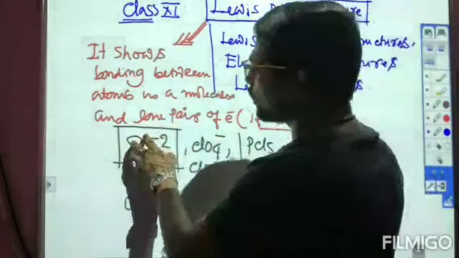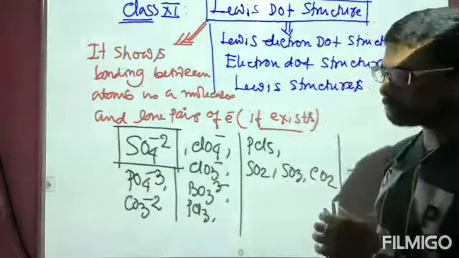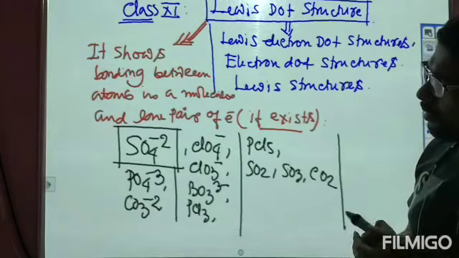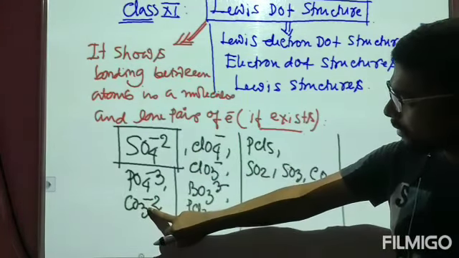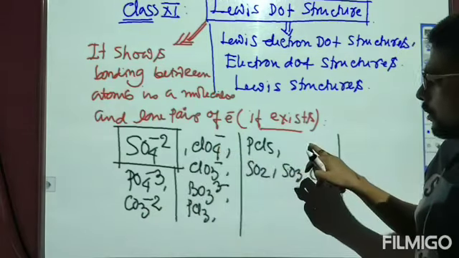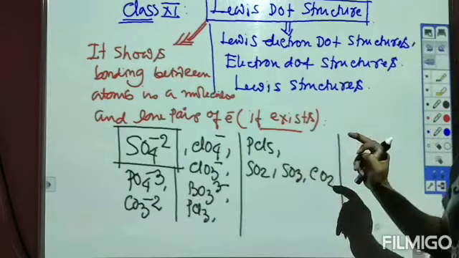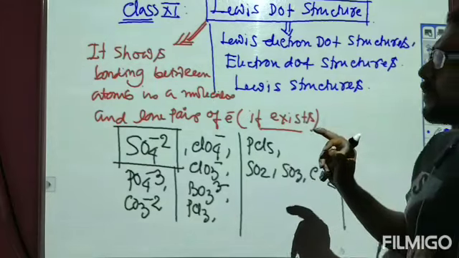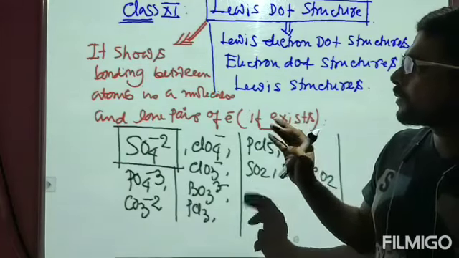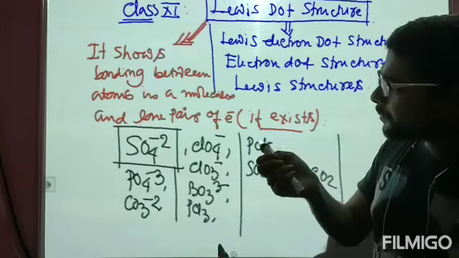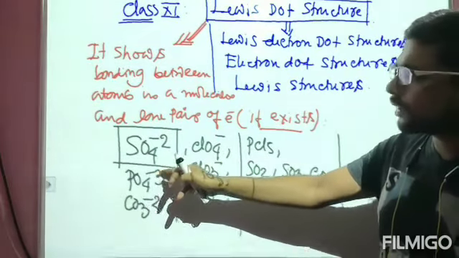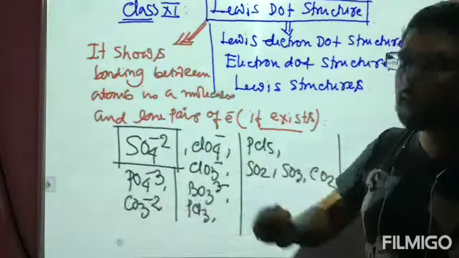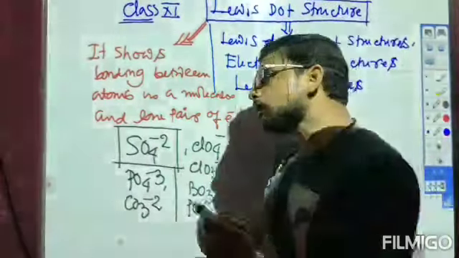In order to draw the structure for SO4 minus 2, PO4 minus 3, CO3 minus 2, ClO4 minus, or all these structures, we will follow some rules, and from those rules we can easily draw the Lewis dot structure.